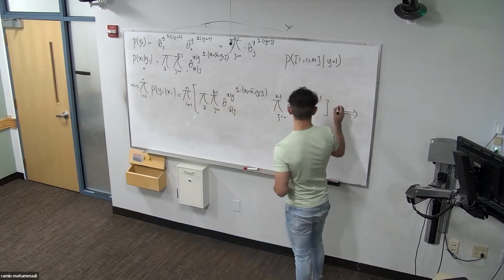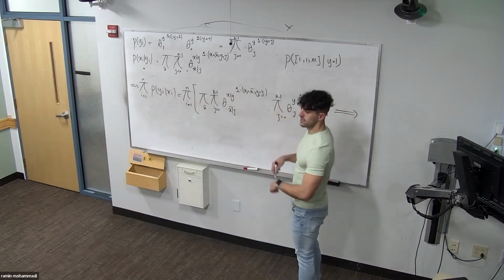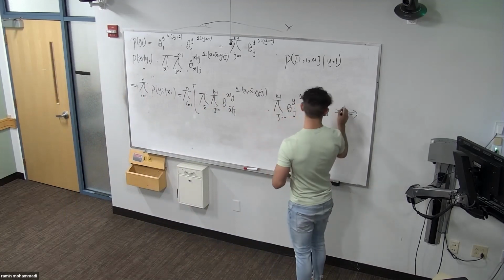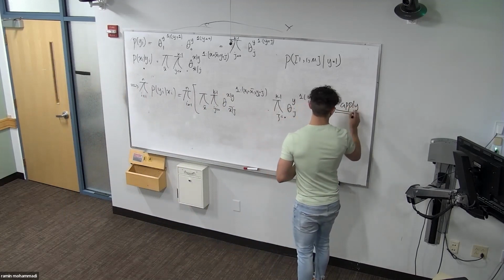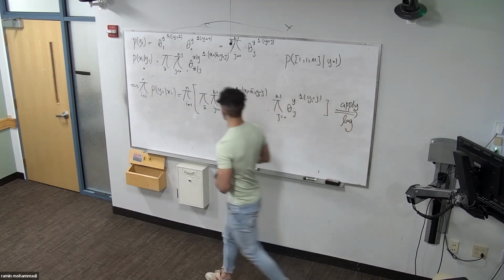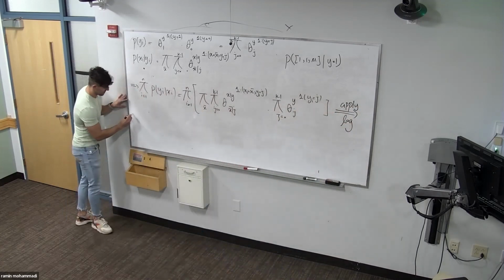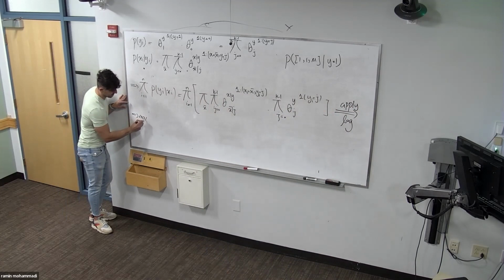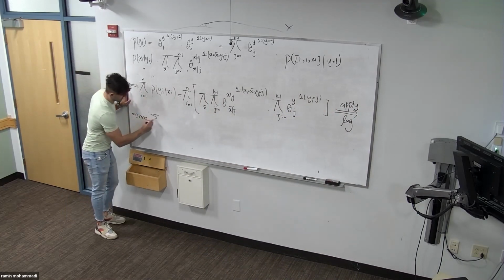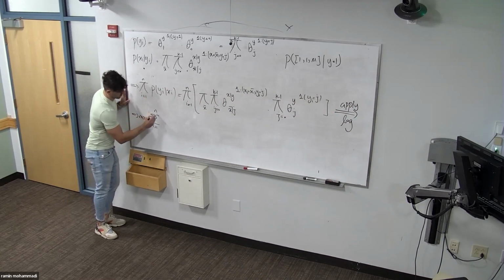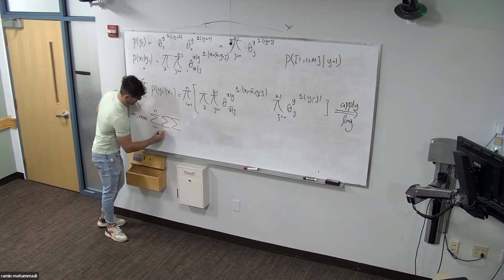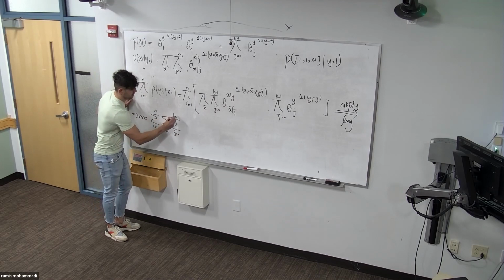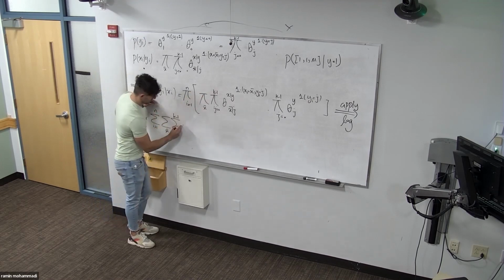Exactly. Anytime you have multiplication, it's difficult. Apply log, it will work. Okay. So apply log. This basically tells you our goal is to maximize. Applying log here is going to give us the summation. So log, this power comes down.